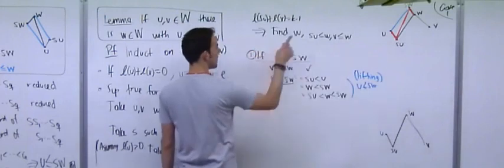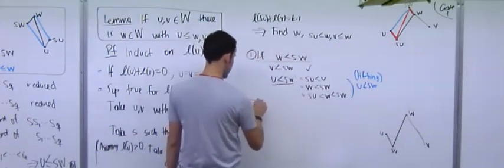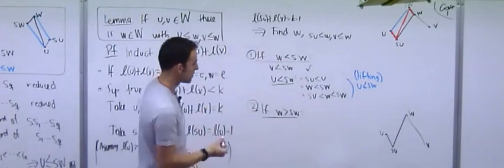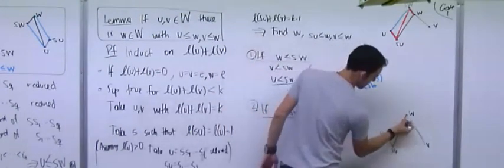So this is case 1, right? Now, case 2 is that W is bigger than SW. Okay? So in my poset, that's going to look like this.